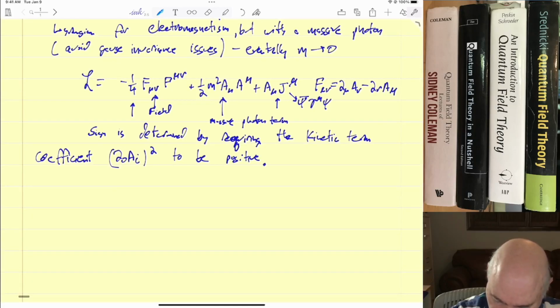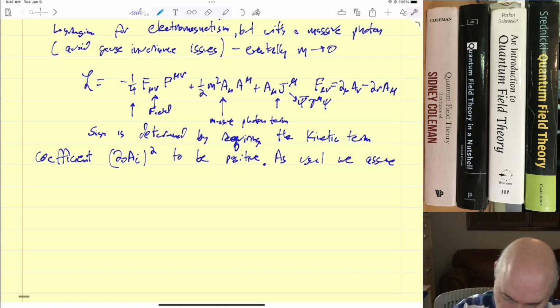And as we should always do in electromagnetic calculations, we assume a conserved current or source.